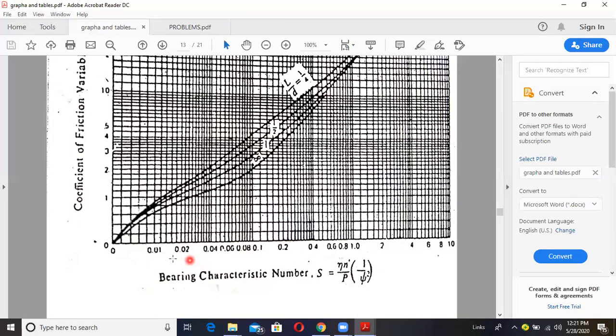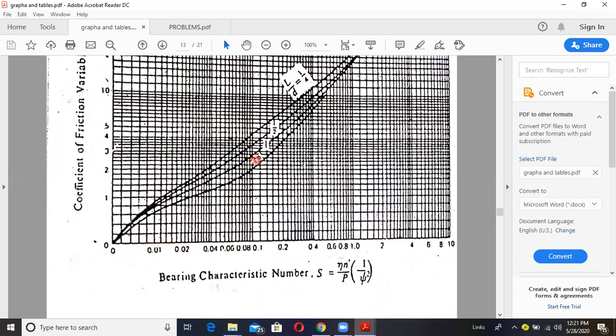In this figure, 0.11 you will get somewhere here, on the x-axis near 0.1. And L by D we have is equal to 1.